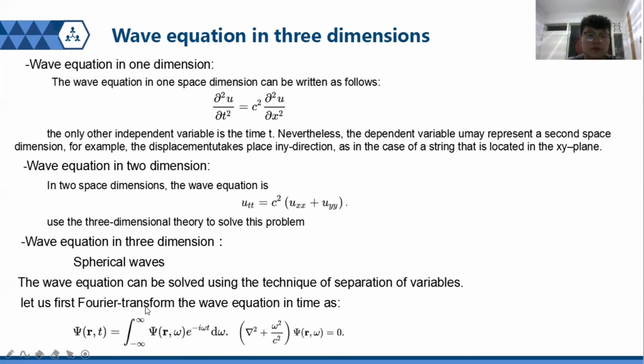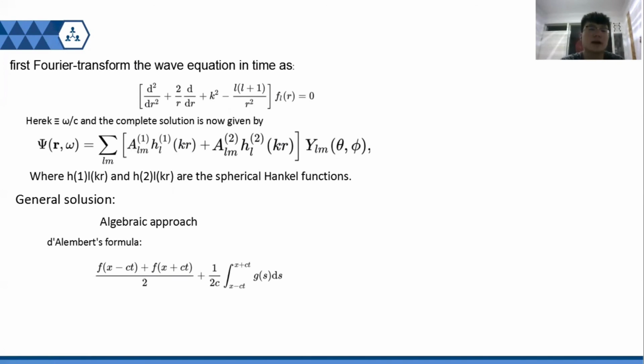First the Fourier transform of the wave equation is like this, where k equals omega over c. The complete solution is now given by this. For the general solution, using the algebraic approach, the formula is this. Okay, next.